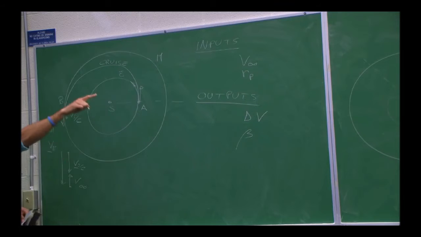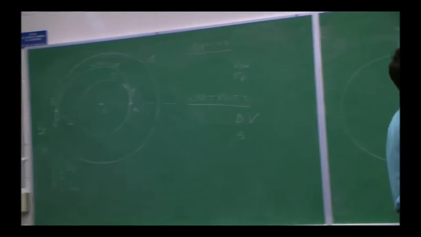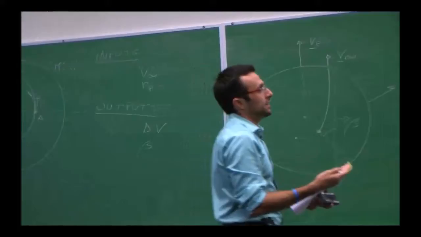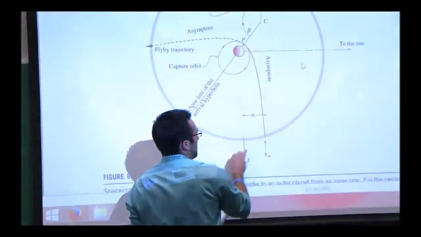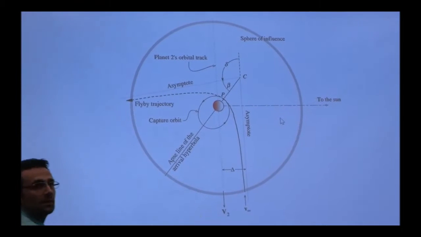And that's exactly why your book says, you can imagine the spacecraft coming in from the front of the sphere of influence. It's just a way to say that the relative velocity is opposing the velocity of the planet. This is not Mars, it's just a cold planet too, but that's what we're assuming, that it's Mars.